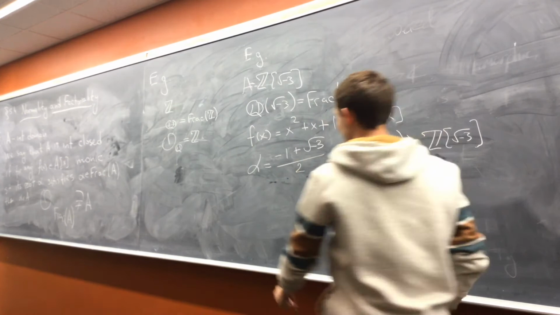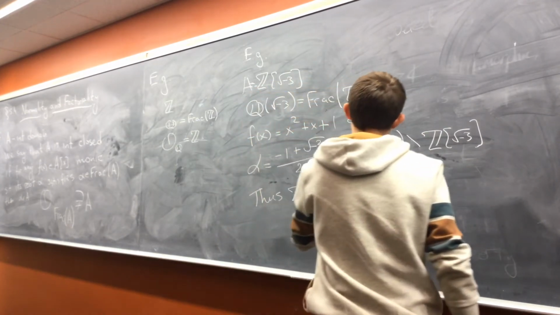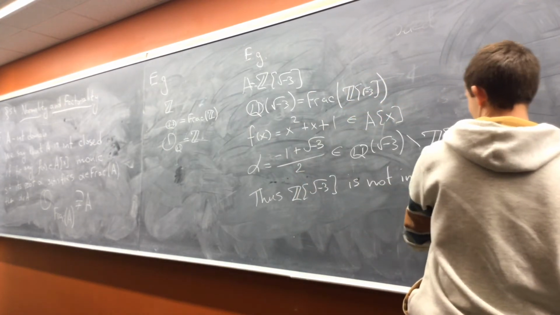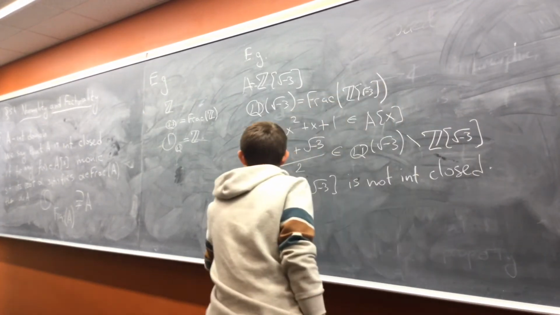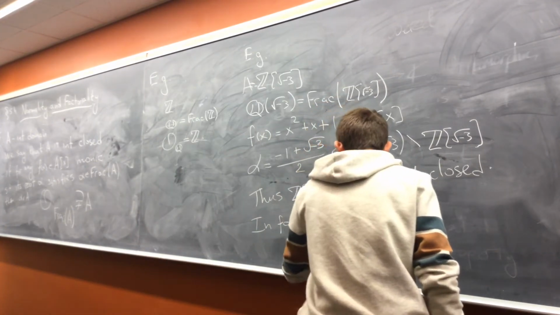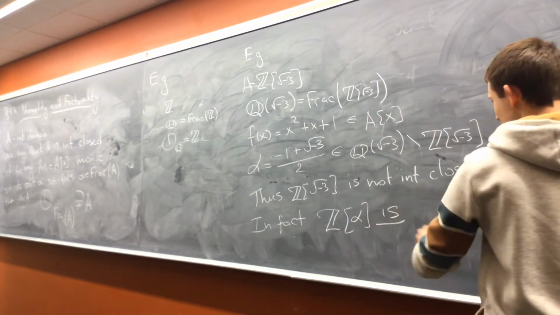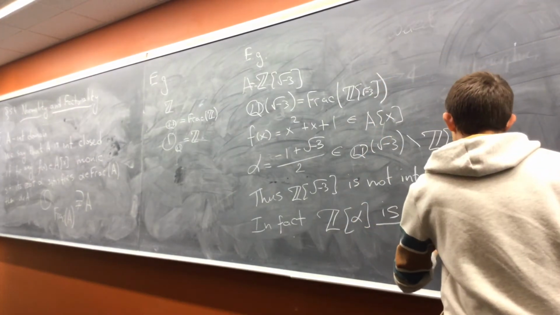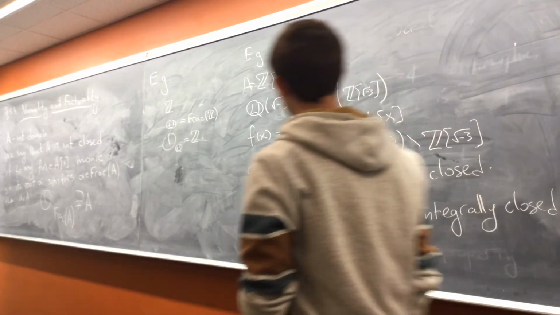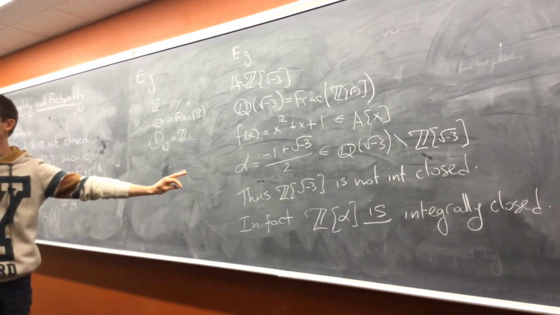So you can see that Z adjoin root -3 is not integrally closed. In fact, and this is not too difficult to prove, if you adjoin alpha instead, the third root of unity, then this ring would be integrally closed. Are we good with these examples?